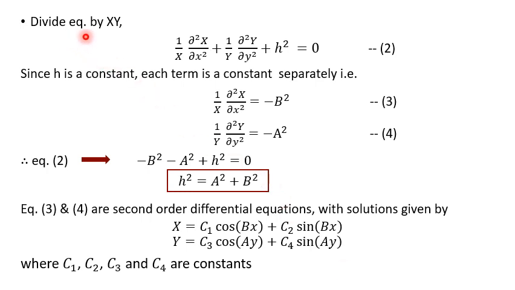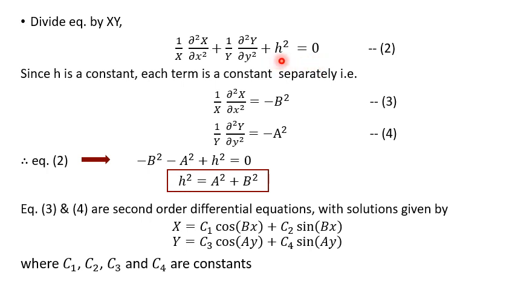Now, on dividing this equation by XY, you will get 1/X ∂²X/∂x² plus 1/Y ∂²Y/∂y² plus h² is equal to 0.